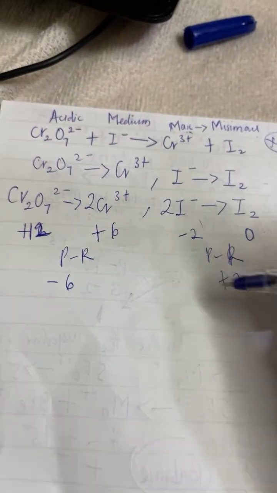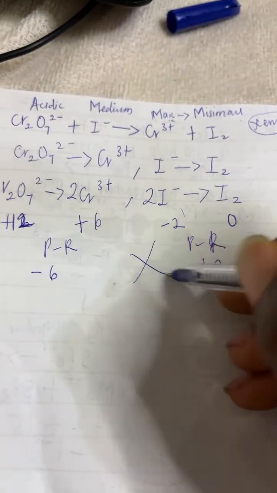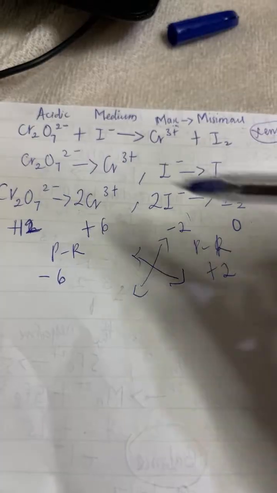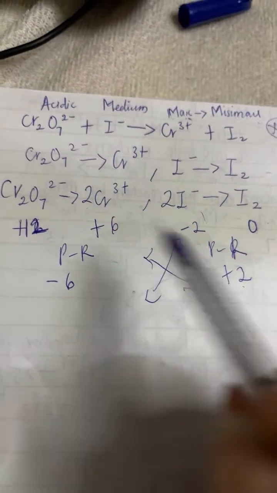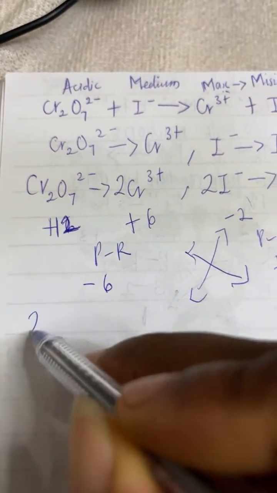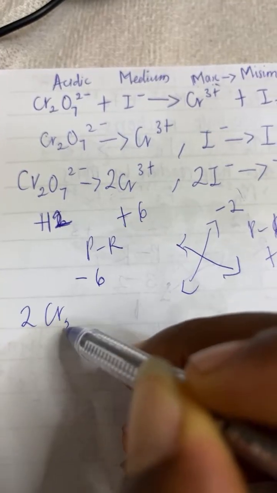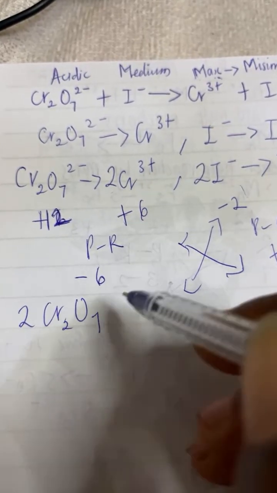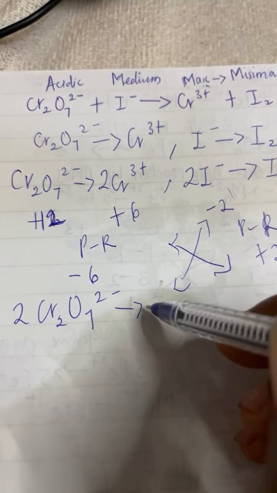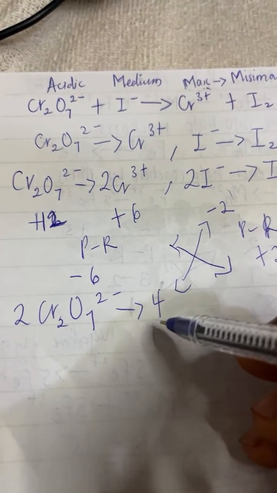So after that, we do our cross multiplication, right? You see that I'm a bit faster now because I've taught you guys that before. So 2 we multiply this, while 6 multiply this. So you'll be having something like 2 Cr2O7 2- to give 4.